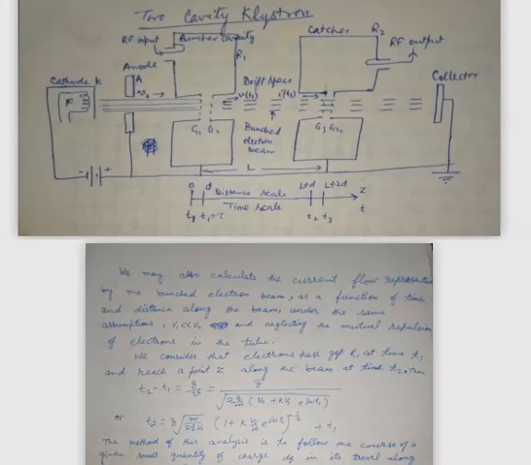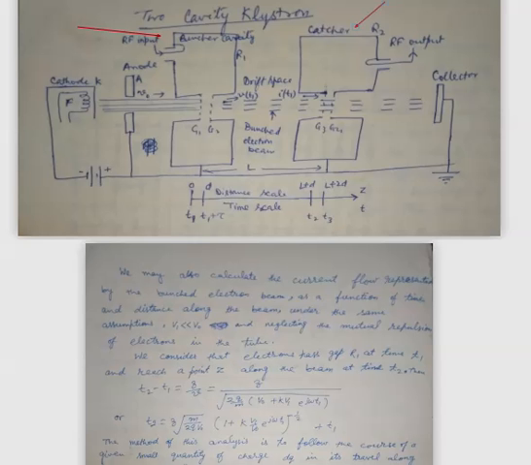Before calculating the current modulation equation, again we will briefly discuss the construction of the two cavity Klystron. In the figure, we have shown two cavities named as the buncher cavity and the catcher cavity, named as R1 and R2.